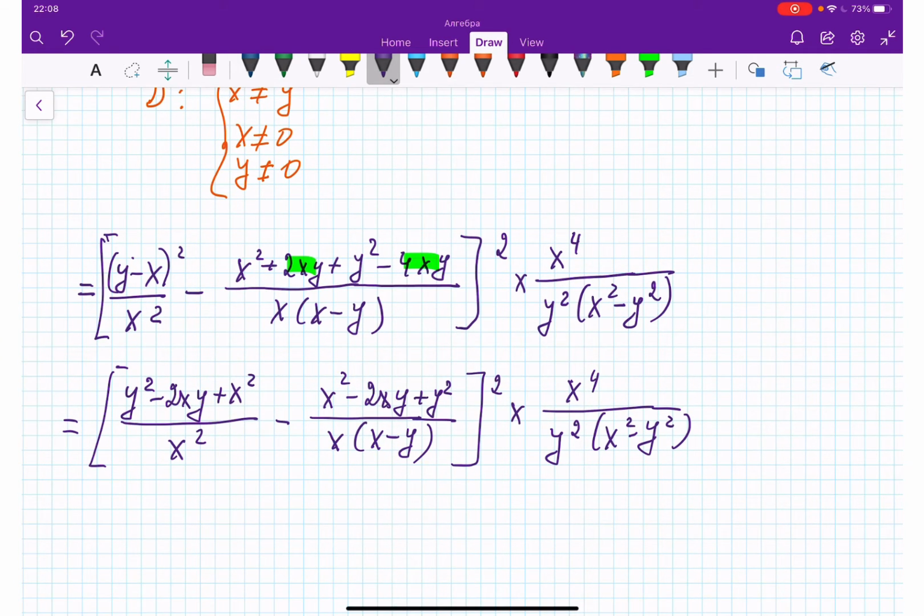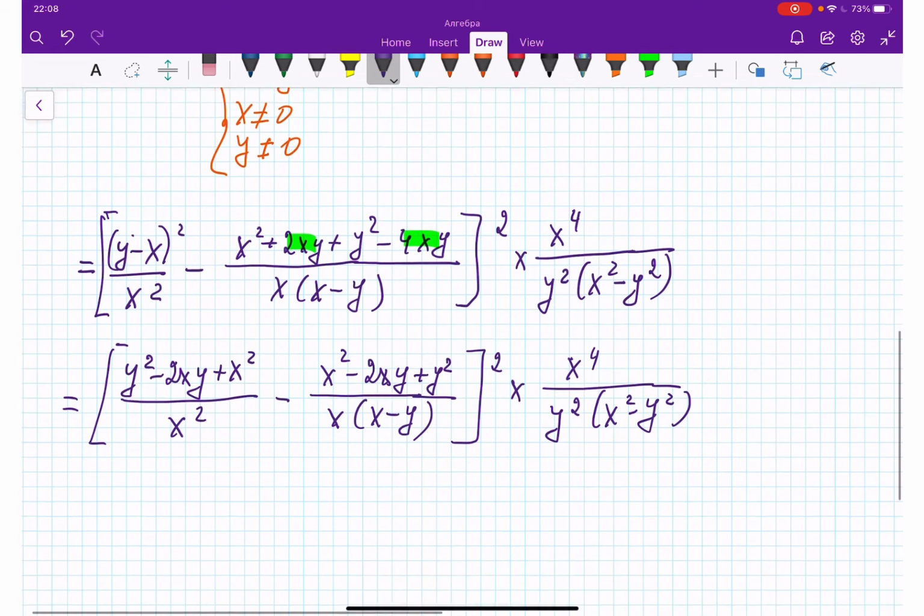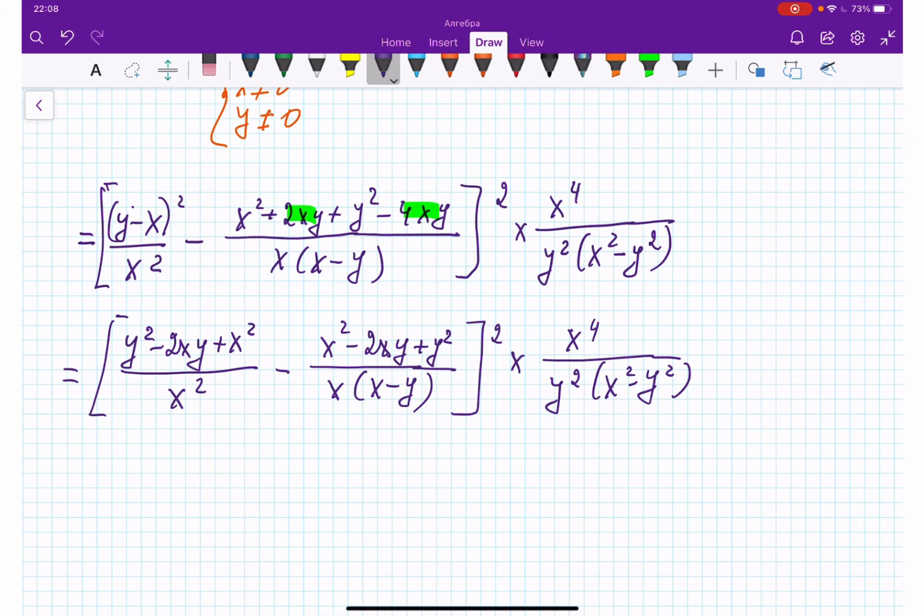Next, I'm going to leave the first fraction the way it is: y squared minus 2xy plus x squared over x squared, minus. Now in this case, x squared minus 2xy plus y squared I'm going to write as (x minus y) squared, right?